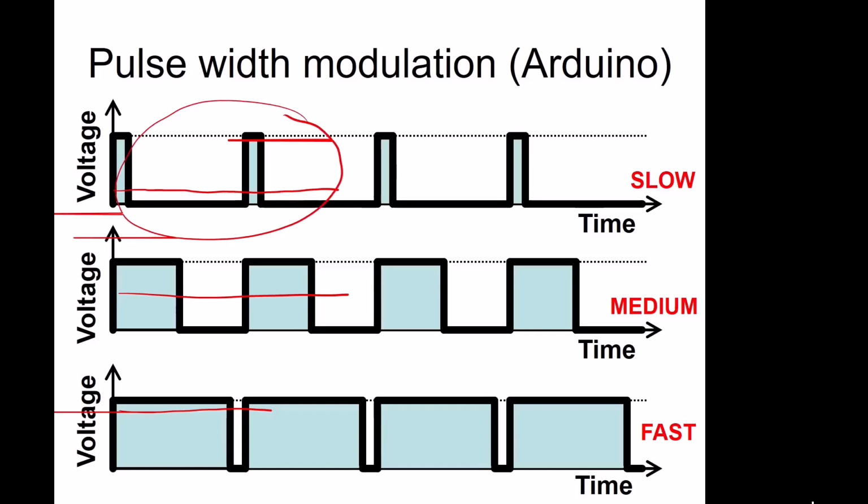You could pass this signal through a low pass filter, which effectively keeps the DC component and removes the high frequency components, and therefore you would just get this average DC level coming out.